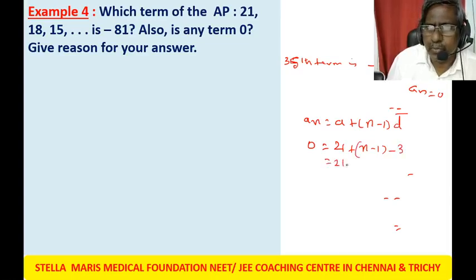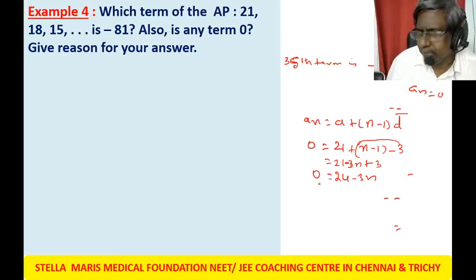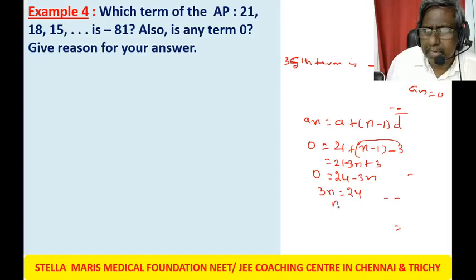This will be 21 plus minus 3n, then minus 1 plus 3. It will be equal to 21 plus 3 is 24 minus 3n is equal to 0. So I will bring this side, 3n is equal to 24, or n is equal to 24 by 3. Cancel it, you will get 8.